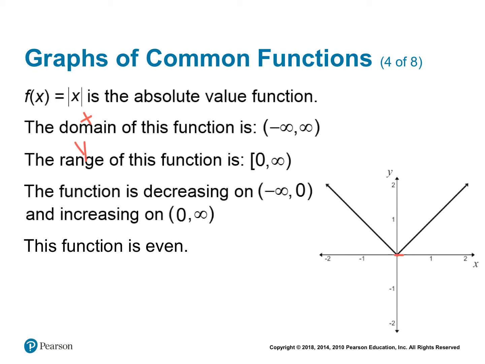So if I kept stretching this out, it's going to go all the way up to 100, to 500 on the y, to infinity on the y. It's decreasing from negative infinity to 0, and then it starts increasing again once it hits that 0 to positive infinity. And it's even because it can be reflected over the y.